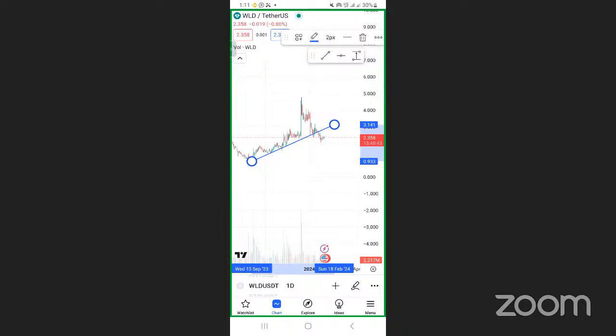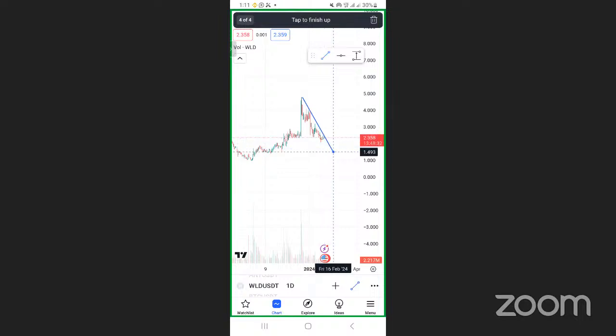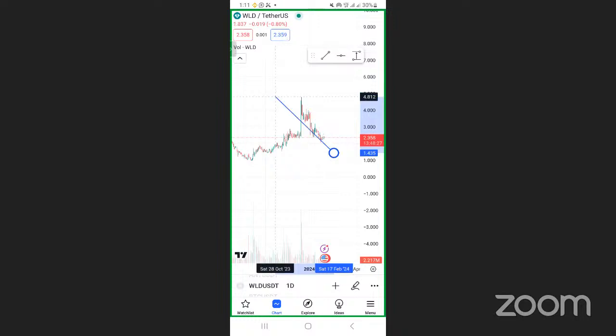Are you getting me? It closed below that trend line at 1 day, so it means that it's now going down. If I can clearly draw a trend line, from that point it started going down. That's generally in the 1 day chart.